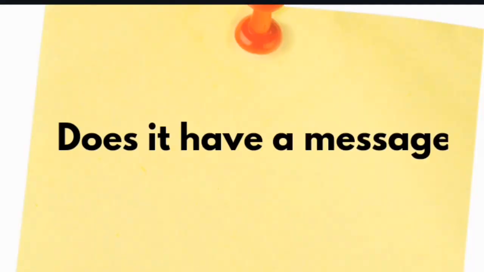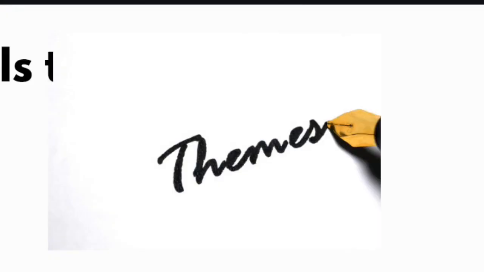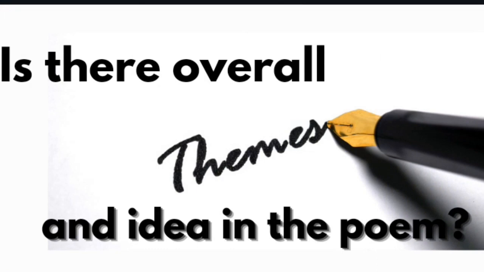Does it have any message? What is the poet discussing in the poem? If you can answer all of these questions, you'll be able to explain the main idea of the poem, and this falls under the letter M. You should also be able to identify the overall themes or idea in the poem. All of these things help you to be able to analyze a poem.